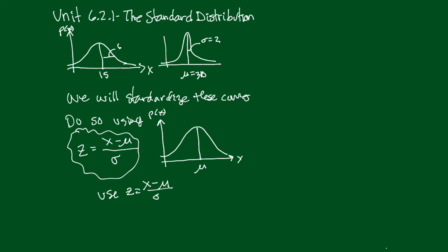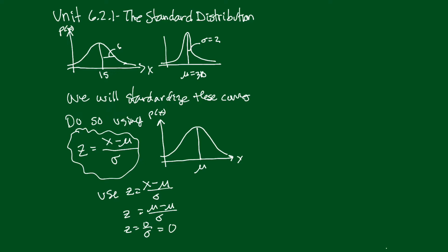I'll use the mean as my x value, to see what mu becomes. So we get mu minus mu over sigma. That's z, so z is 0 over sigma, which turns out to be 0.